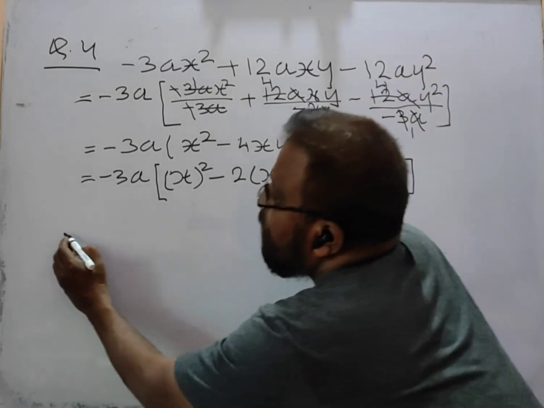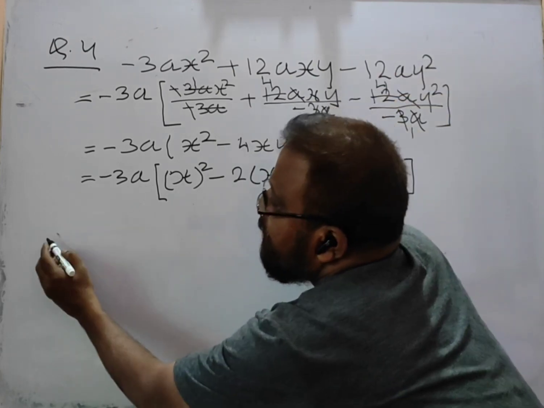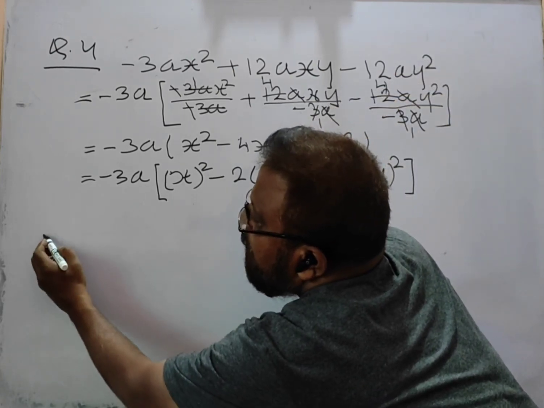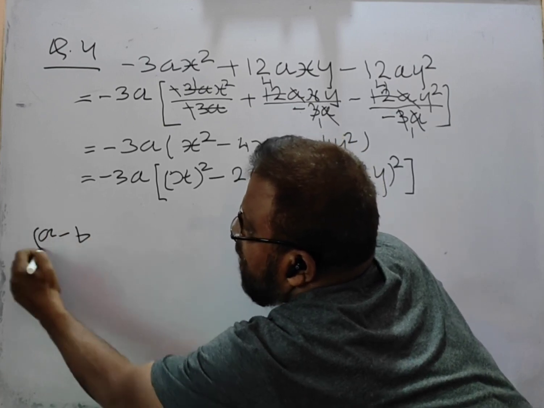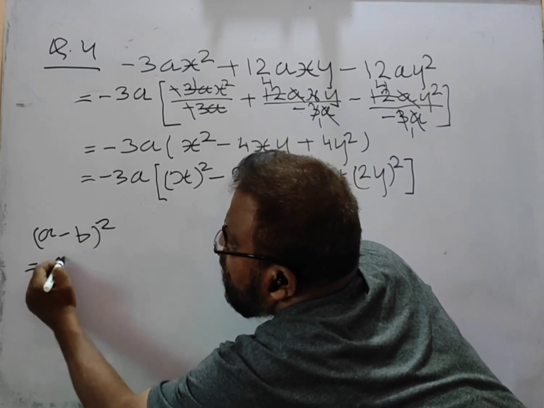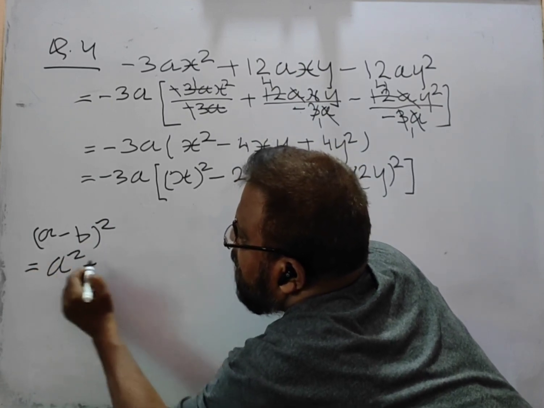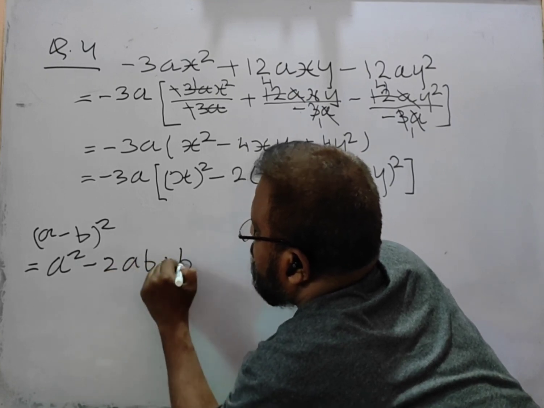Now we use the formula, right? We will use the formula here, a minus b whole square. A minus b whole square is equal to a square minus 2ab plus b square, right?